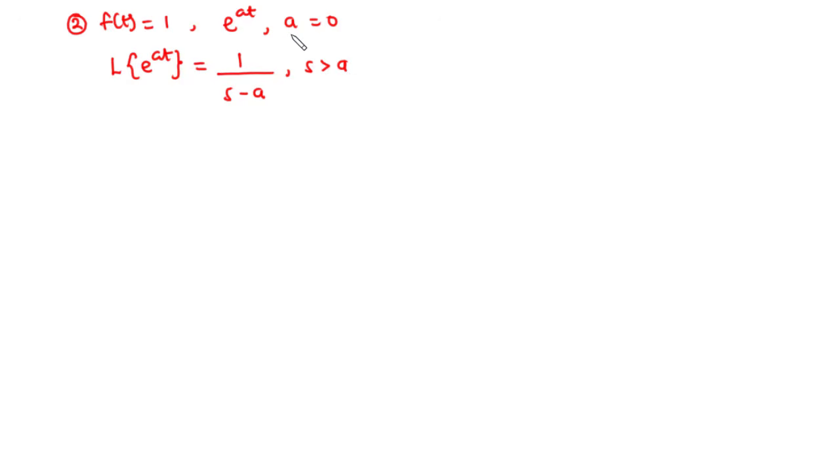Since in this case a is equal to 0, the Laplace transform of 1 is equal to 1 over (s minus 0), and that is equal to 1 over s, where s is greater than 0.